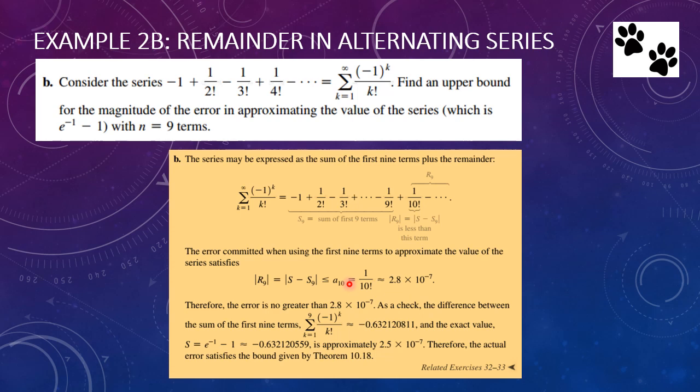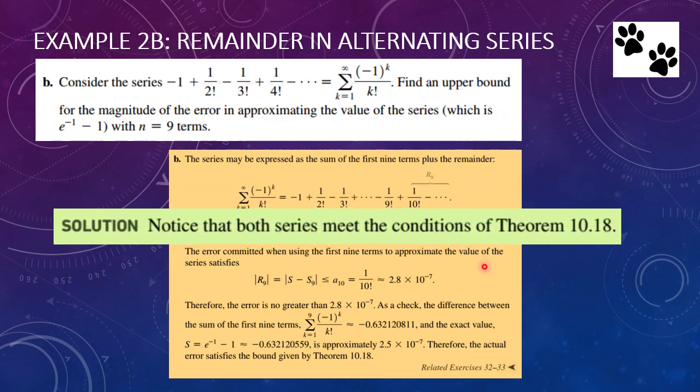Okay, well, a to the 10, again, our function here is 1 over k factorial once we remove the alternating function. So we get 1 over 10 factorial, which is 2.8 times 10 to the -7. All right, therefore the error can be no larger than that. It has to be less than or equal to by our theorem.